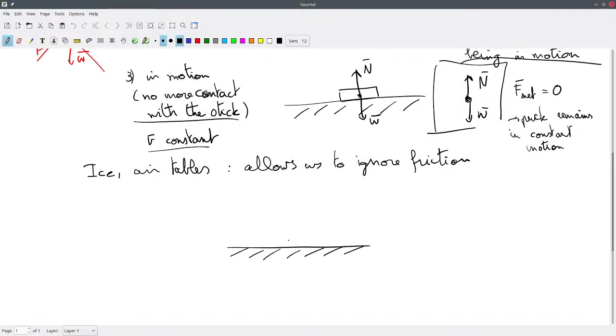This force of friction, not just in some sense, it's a real force. So we have our normal force and weight, and there will be a little bit of friction here.